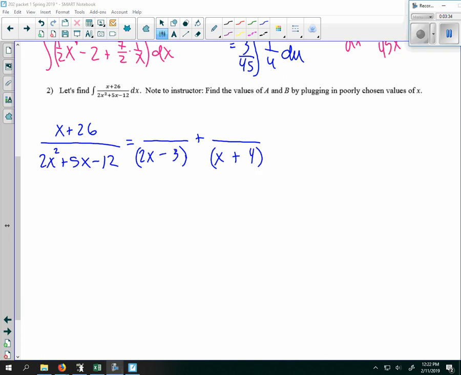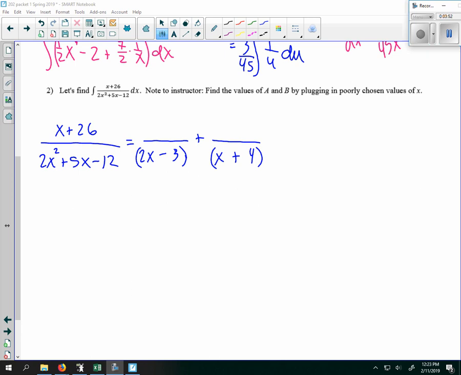Boom, I factored it. Okay, so 2x squared plus 5x minus 12 factors to 2x minus 3 times x plus 4. Do a quick check by multiplying them together. 2x squared plus 8x minus 3x, that's the 5x, and minus 12.